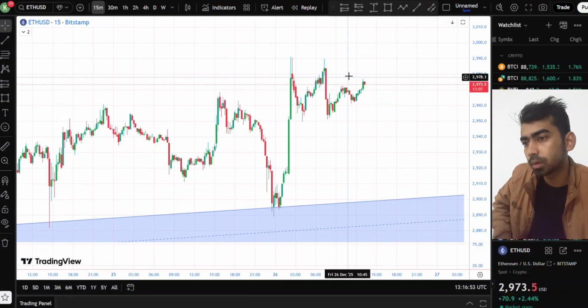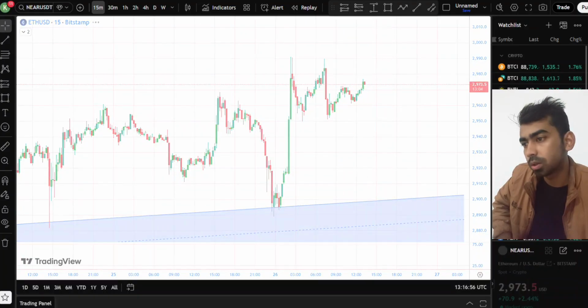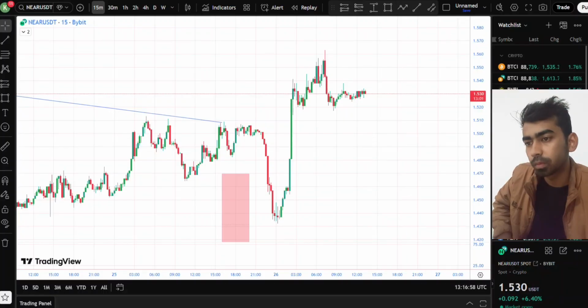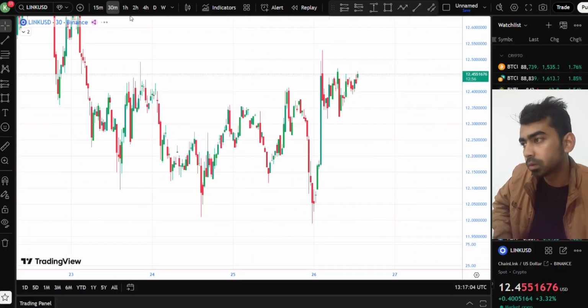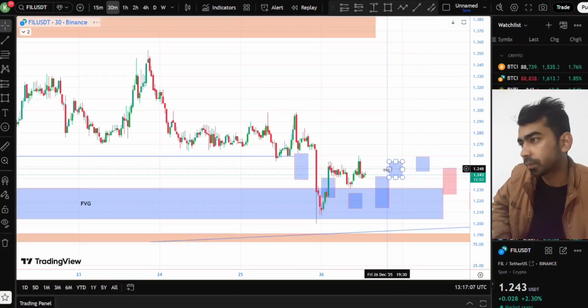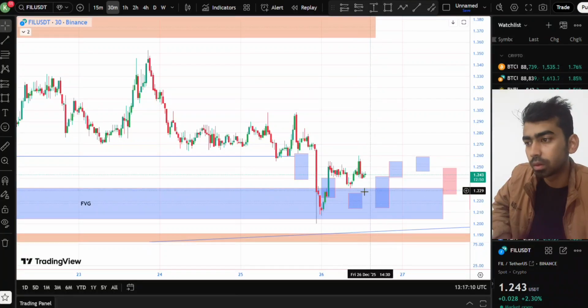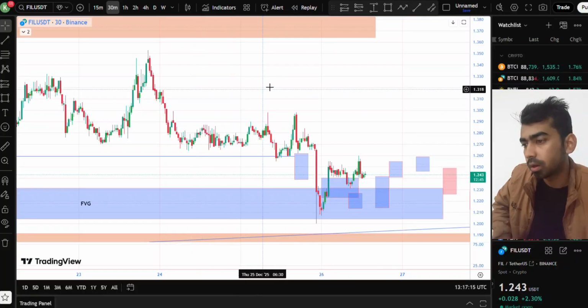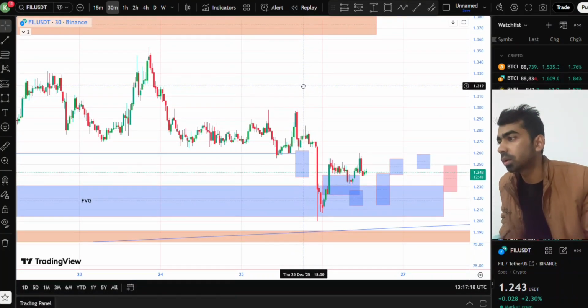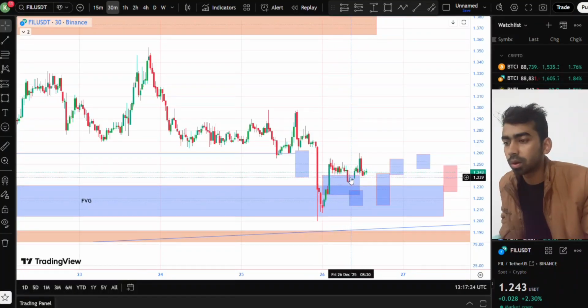Obviously, Ethereum has almost reached the zone. What about NEAR? What about LINK? LINK's chart is not perfect. Okay, the file is actually something I shared yesterday, and it followed similarly. Look at that, it is going to downside from here. I said there is lots of liquidity and it can take it easily.